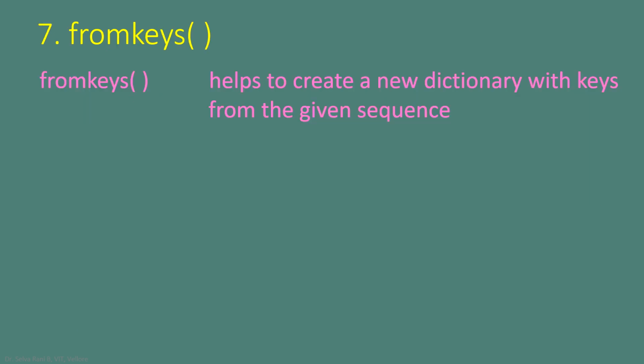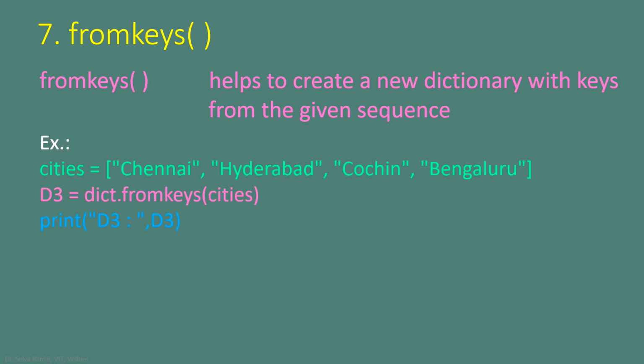fromkeys. fromkeys is the method which helps us to create a new dictionary with the keys from the given sequence. The sequence may be anything like a list. For example, let cities be the list which contains Chennai, Hyderabad, Cochin and Bengaluru. Now we are going to create a dictionary D3, and D3 is going to have the keys Chennai, Hyderabad, Cochin, Bengaluru.